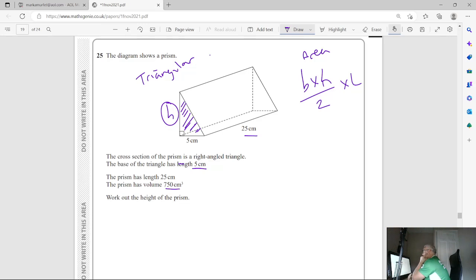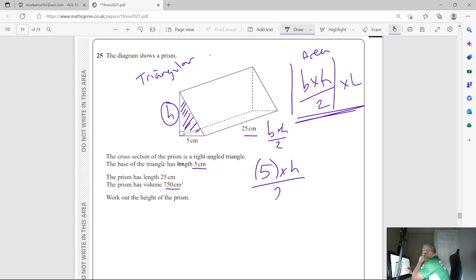So work out the area of the triangle. The base is 5. Base times height divided by 2. That's what I'm going to write down. Base times whatever the height is, I don't know. Divide by 2 times by the length, they give me that as 25, equals the volume of 750 centimeters cubed.